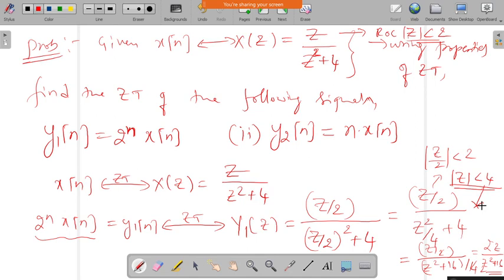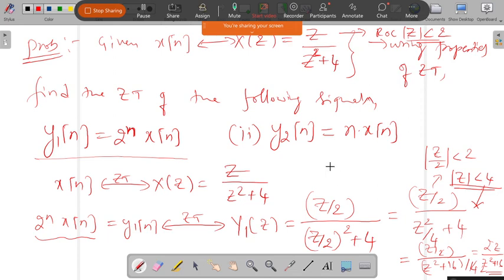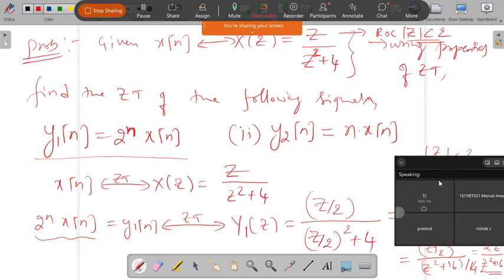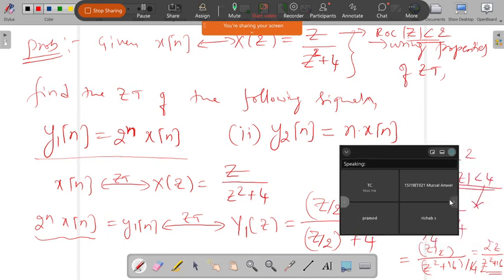Is it clear now, this one, first one? Is it understood? Any doubt? Got it, sir. Nitisha?